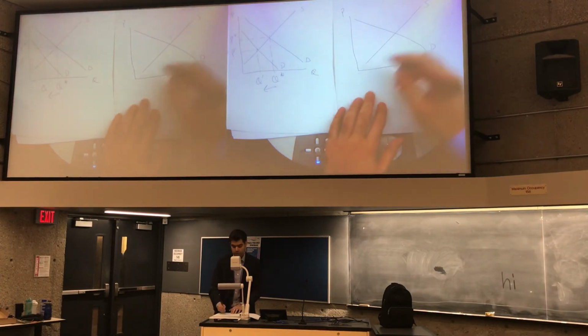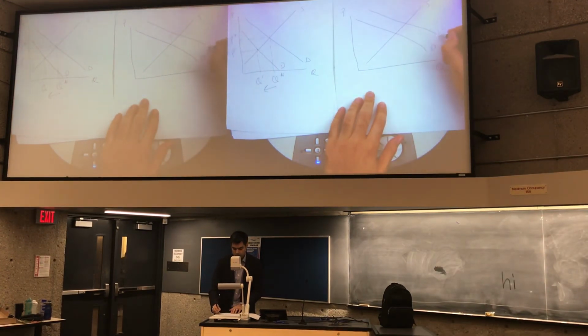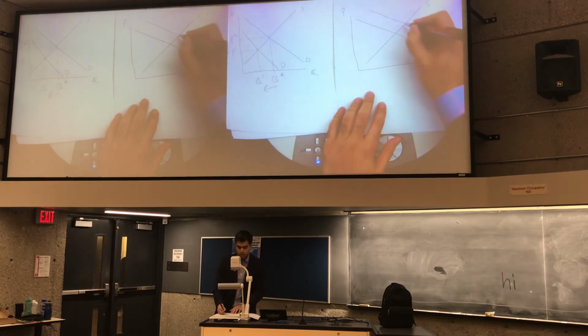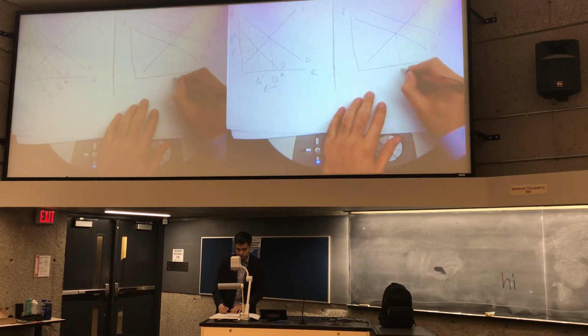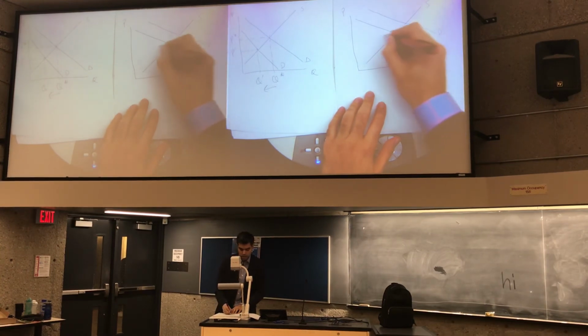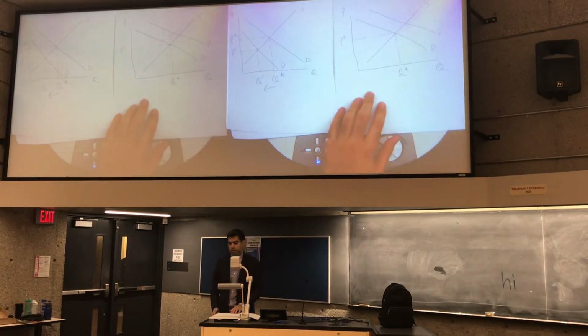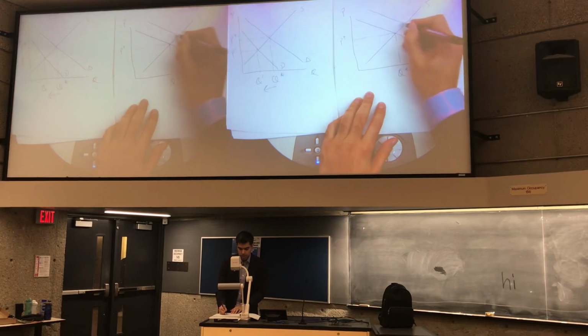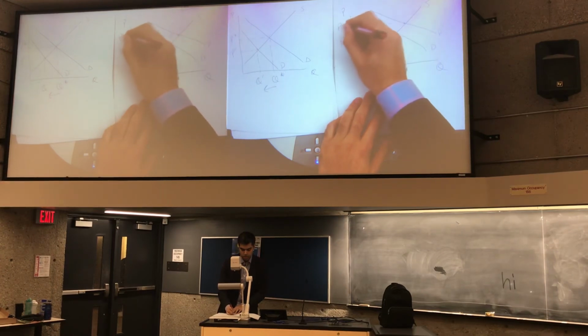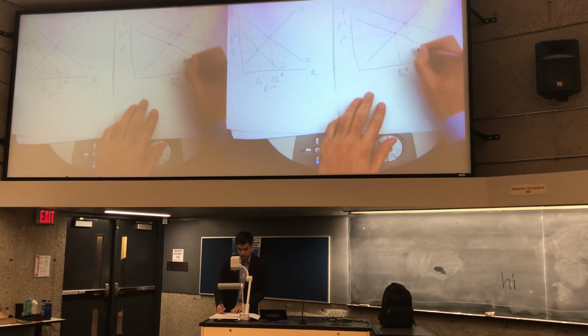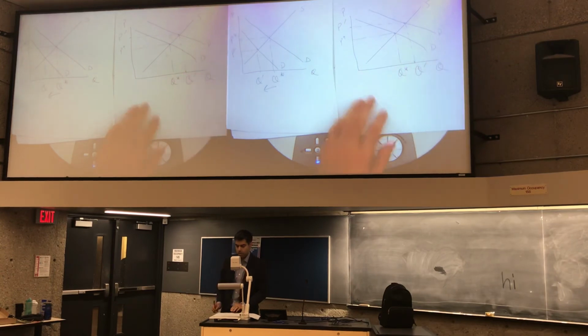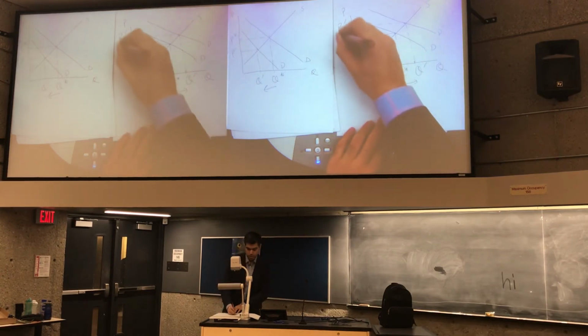It's going to go up. So what's going to happen to tuition prices? If this was the original quantity and the original price, they're going to go up. Quantity is going to go up. Prices are going to go up.